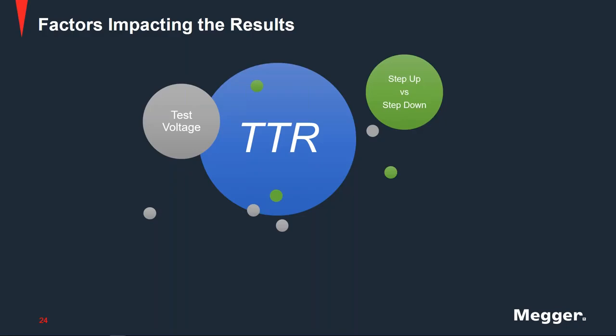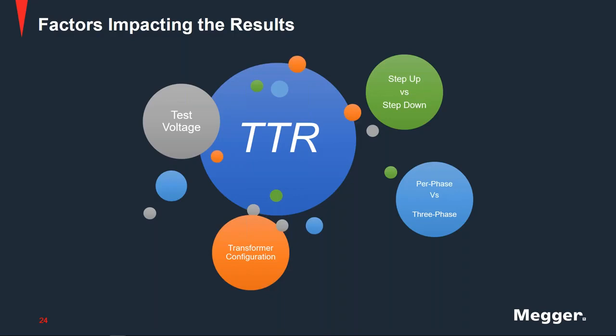This relates to whether you're exciting the transformer in step up or step down. So whether you're exciting the secondary winding or the primary winding, that will influence the amount of test voltage that you can generate. Whether you are injecting single phase or 3-phase can also influence your measurement. And then finally, the transformer configuration that you are testing.